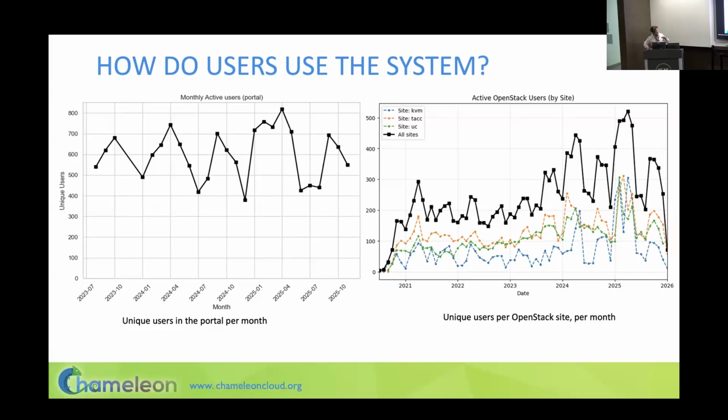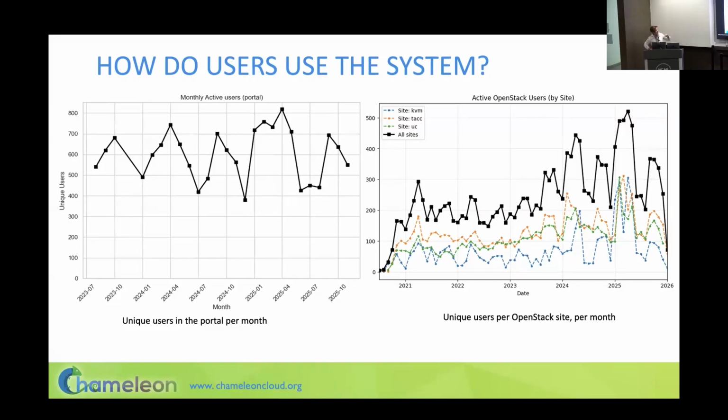And the interesting thing that you see from the second graph is that if we go several years back, we would have around 200 users on average, let's say, logging into Chameleon using Chameleon resources, but that number, again, in the last 2 years, really rose very significantly.